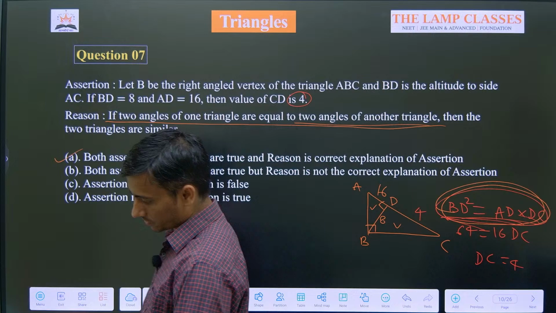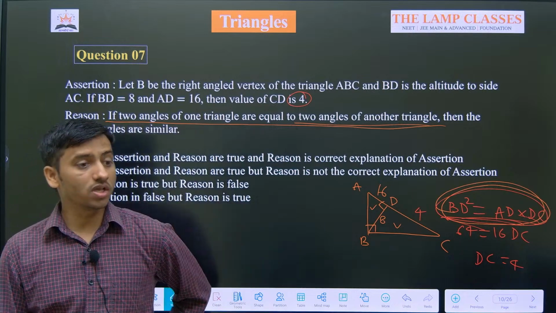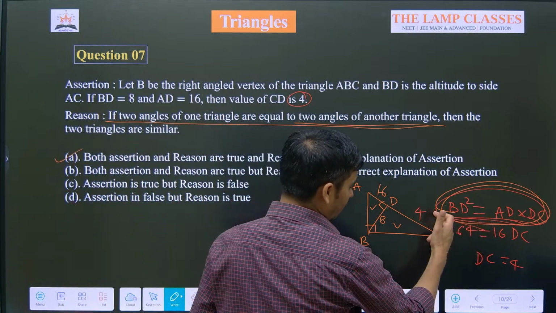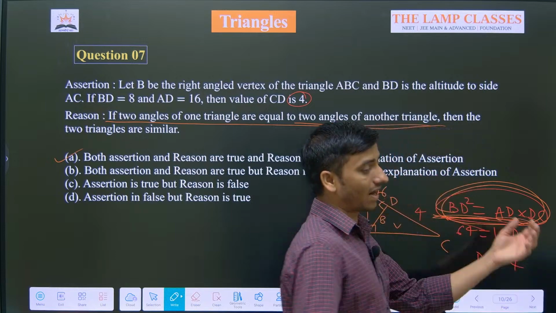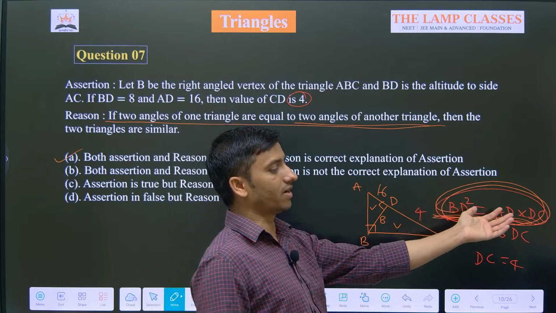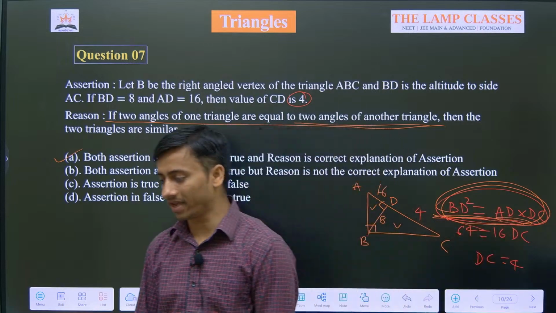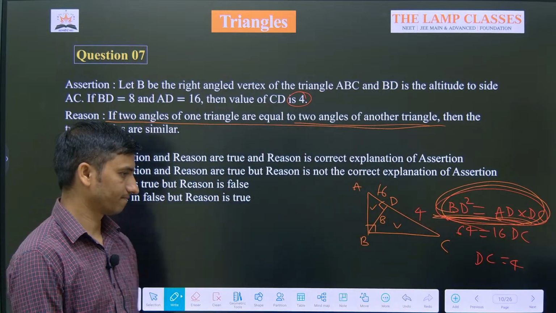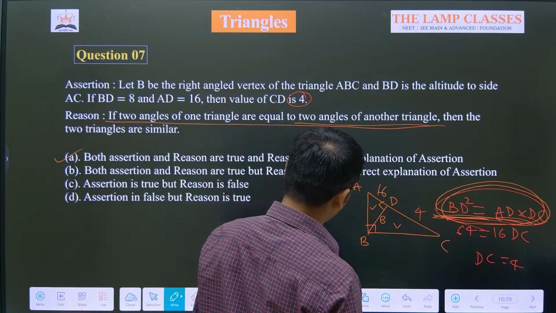So it has to be option A, right? Even though we remember this result, we must have a clear idea how we got that result. And that result we had got by using similarity, and we had proved the similarity by the AA criteria there. I hope you have understood.